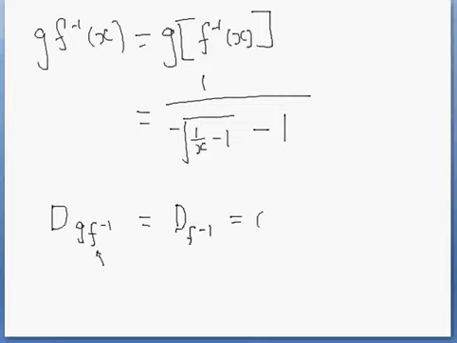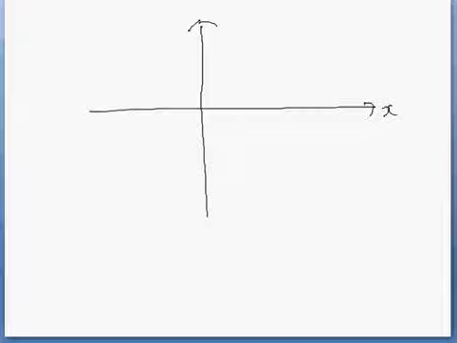So in your GC, you should be sketching this curve under this domain before we look at the range. I'm just sketching a rough shape. It should look something like this, whereby the value here is minus 1.